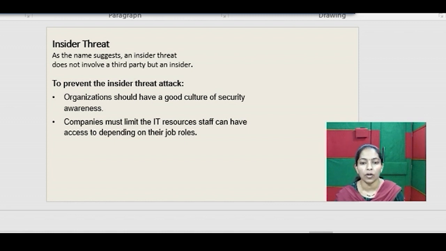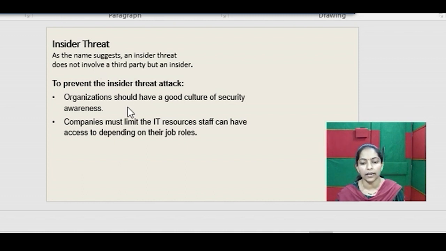Insider threats have the potential to cause tremendous damage. In small businesses, the staff hold access to multiple accounts with data. Means insider threat is a person in your organization.